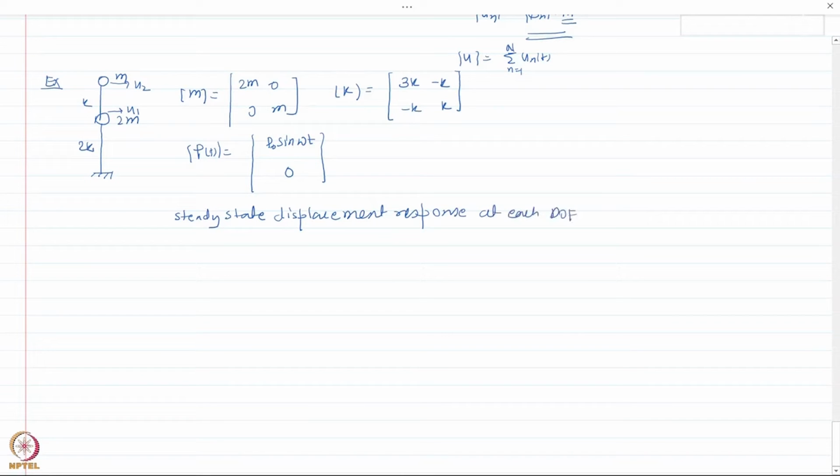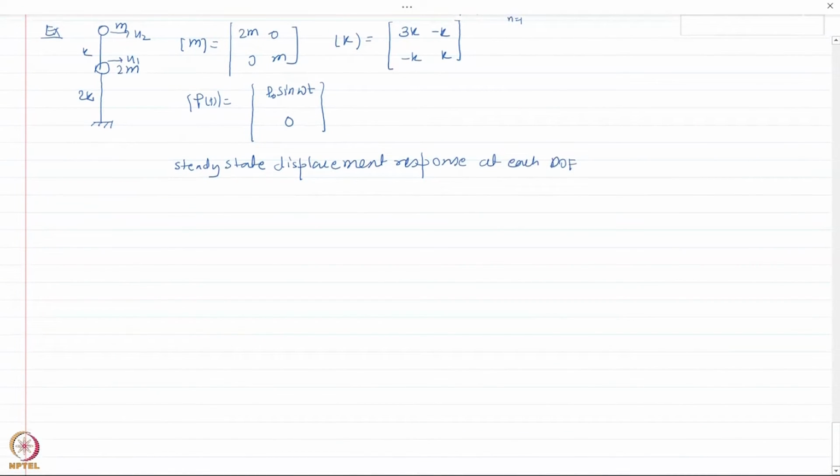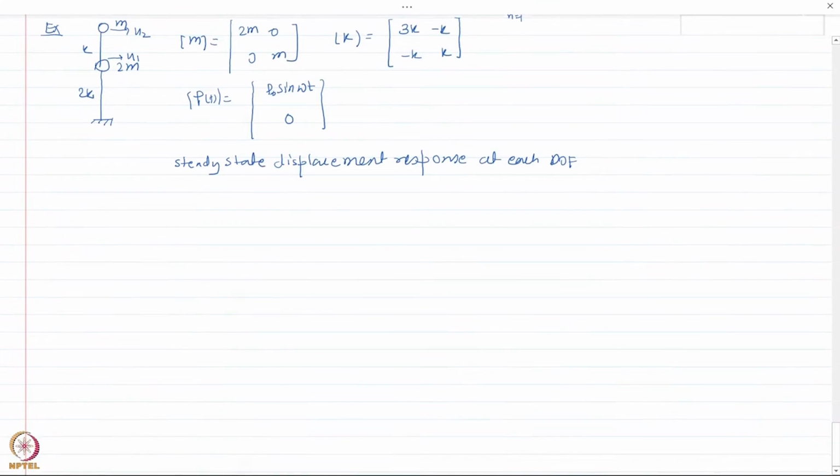Now before getting into that, remember when we had a single degree of freedom system in which the displacement variable was u, and it was subjected to p naught sine omega t. Let me write down the corresponding SDOF system. Do not confuse between these parameters, this is a different single degree of freedom system altogether.